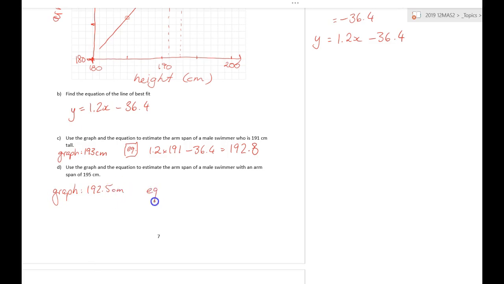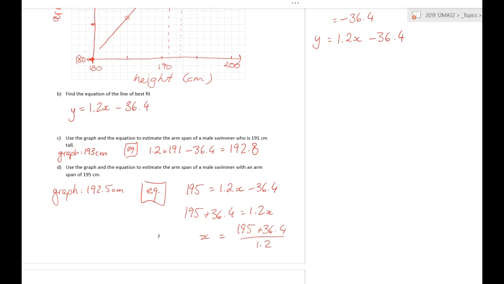Centimetres. My equation: we are going to say that 195 equals 1.2x minus 36.4. So that means that 195 plus 36.4 equals 1.2x, which means x is 195 plus 36.4 divided by 1.2.